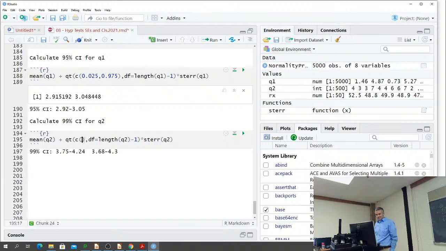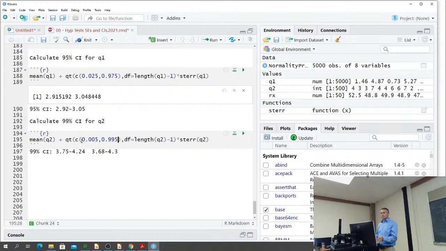So here we changed our confidence interval. We went from a 95 up to a 99. So what percentage is in our tails? 1%. What percentage is in each tail? 0.5%. So here we're going to go 0.005 up to 0.995.